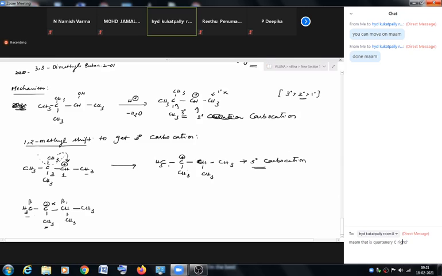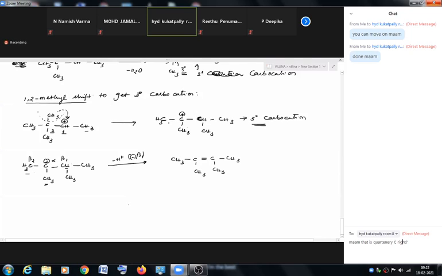So I have named them B1 and B2. By removal of H plus from the beta 1 carbon, I mean here, we end up having CH3, CH3, double bond C, CH3 and CH3. So here I have removed the hydrogen from the beta 1 position.